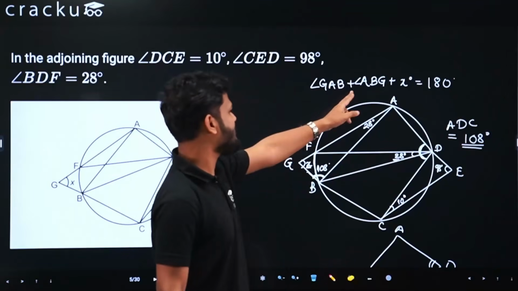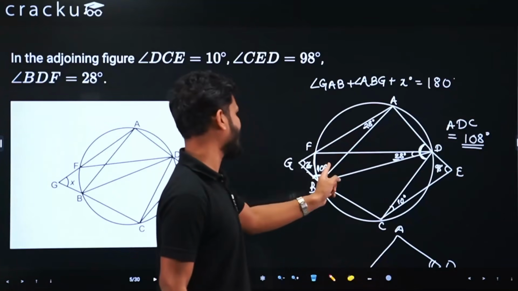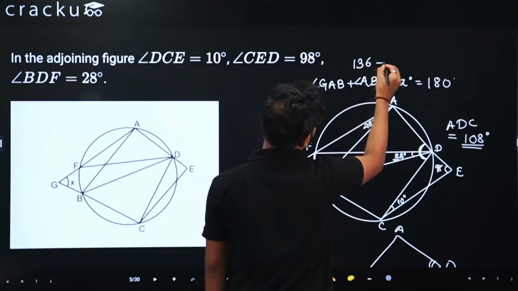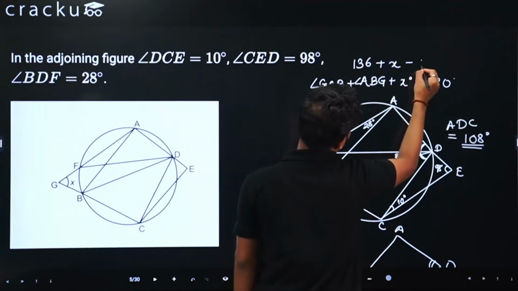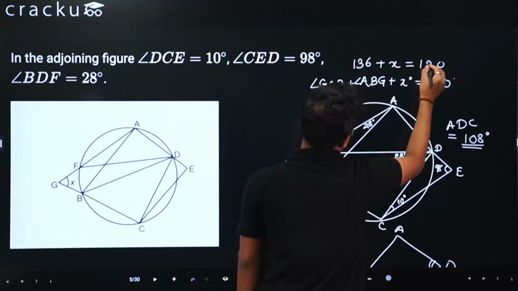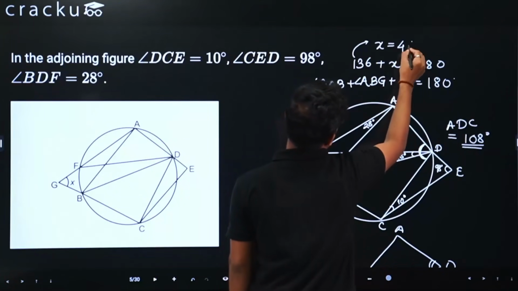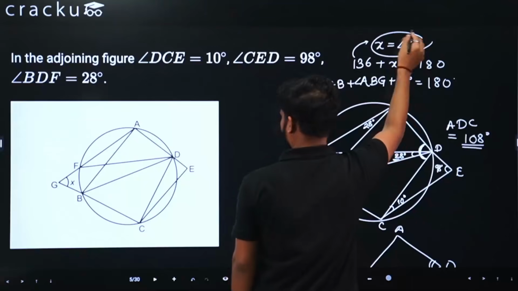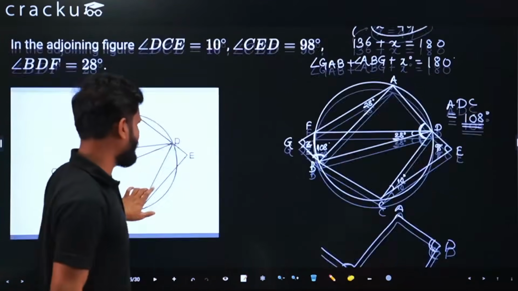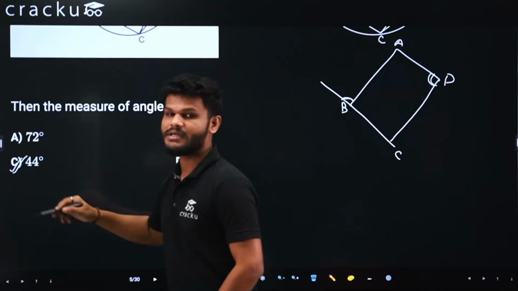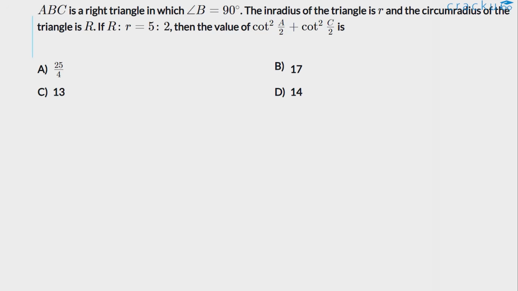What is GAB plus ABG? 28 plus 108. This is 136 plus x is equal to 180. From here you get x is equal to 44 degree. So the answer to this question will be 44 degree, and it is given in option number C. So option number C will be the correct answer here.